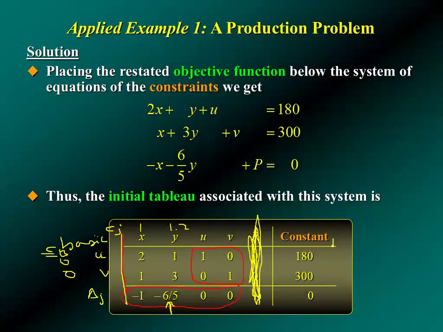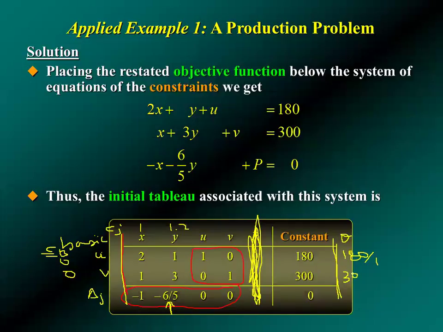To decide which one to take, I'll calculate theta as follows. In this pivot column, I'll take the b value divided by the corresponding coefficient. So 180 divided by 1, and here 300 divided by 3.